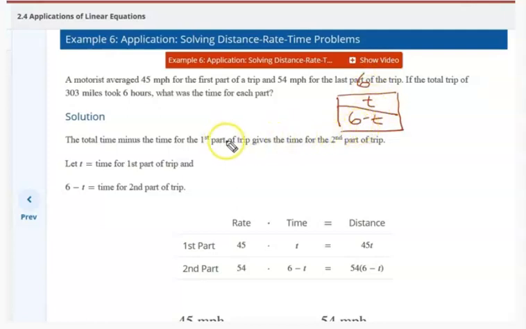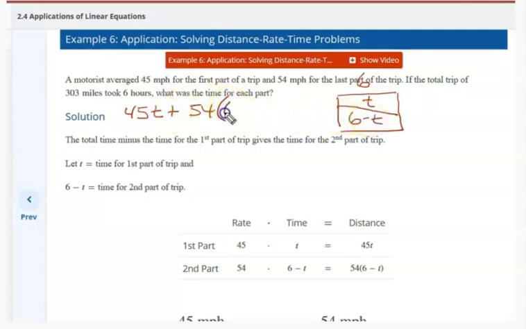Now, they want to know how much time for each part. So I'm going to say 45 times t, that's rate times time, which is a portion of those 6 hours, plus 54. Now, what was the other part of the time that we don't know?